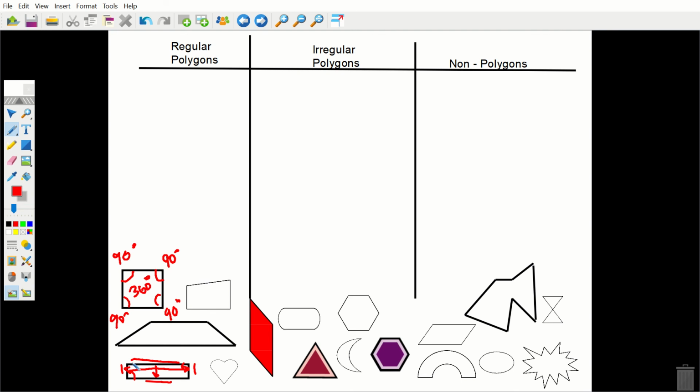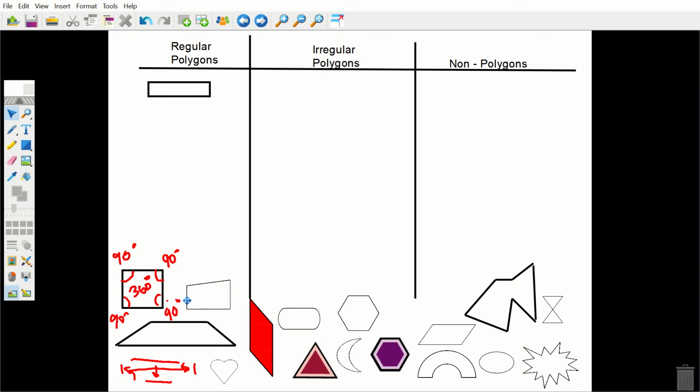We look at these opposing sides: they're equilateral, meaning they're the exact same length, and the opposing angles here and here are both equiangular. So therefore, this is not only a polygon, it is a regular polygon. We can move that one up to the regular polygons category.